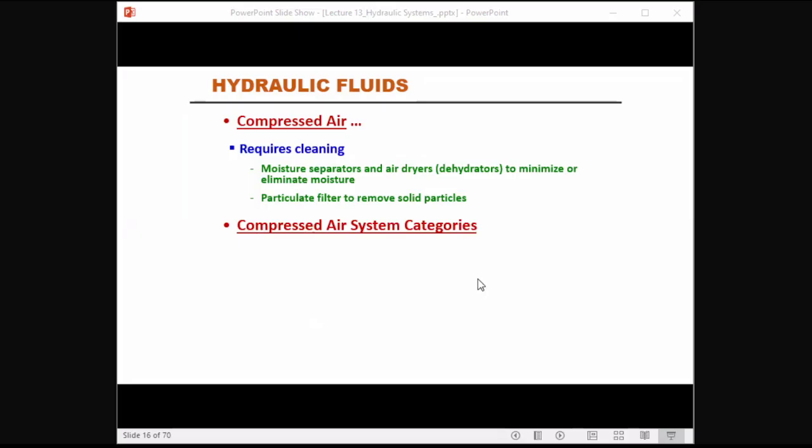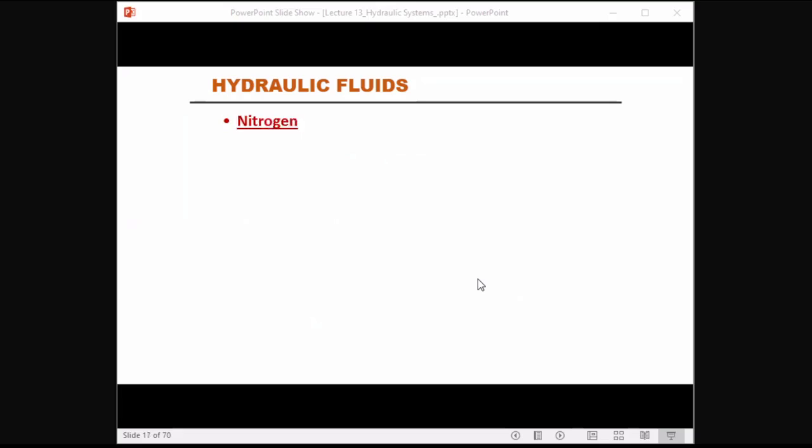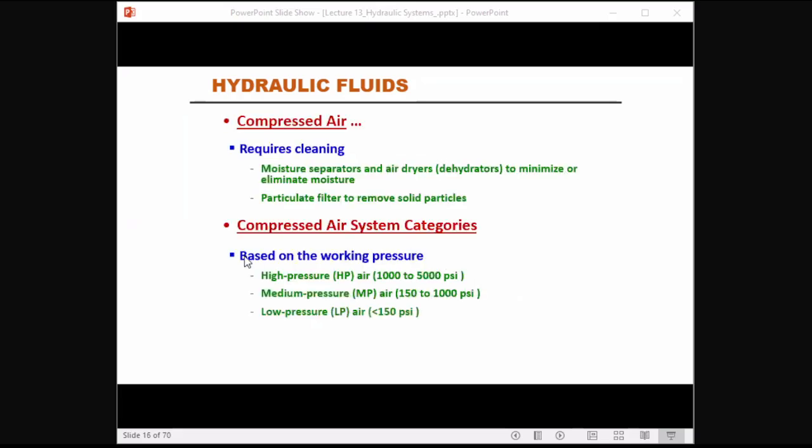We can categorize based on working pressure. High pressure air means 1,000 to 5,000 psi. PSI means pressure measuring unit.